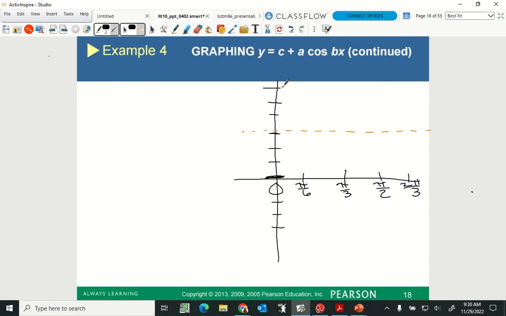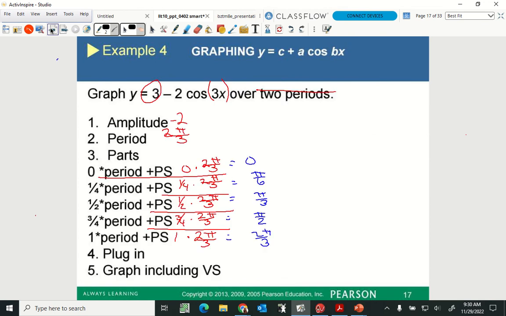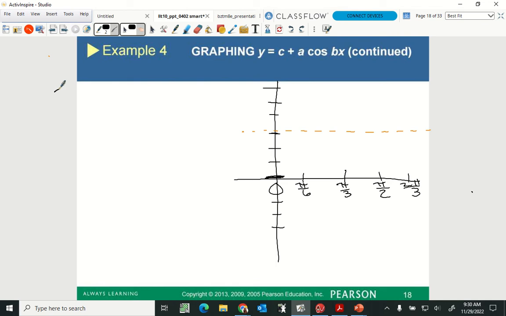All right, so let's go ahead and go back to my problem, which was 3 minus 2 cosine 3x, and start plugging in. So if I plug in, it's 3 minus 2 cosine of 3 times 0. Now unit circles out. Unit circles are your friend.